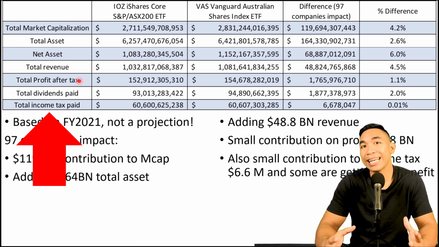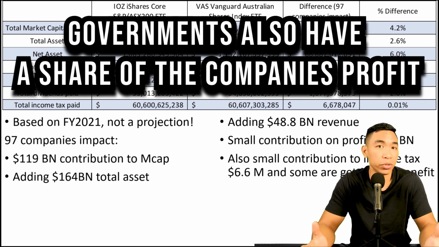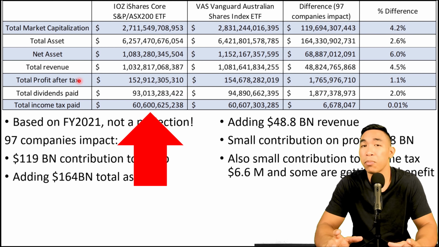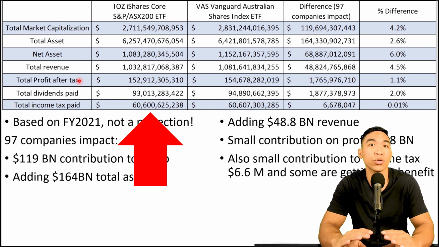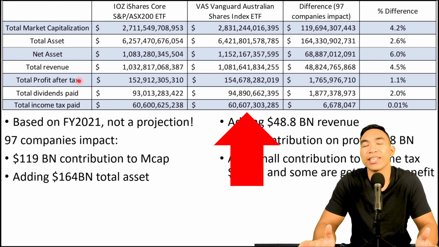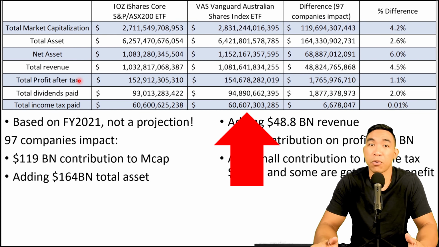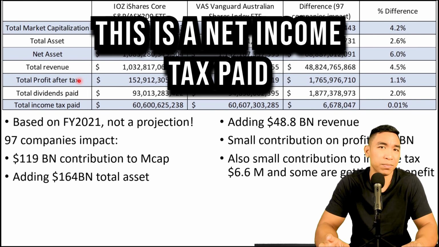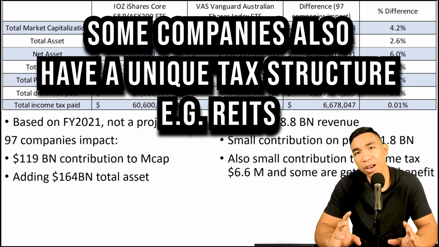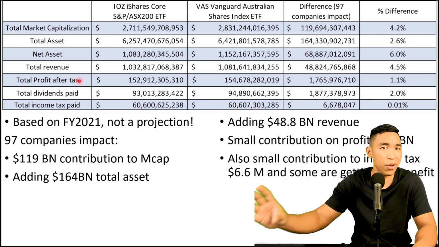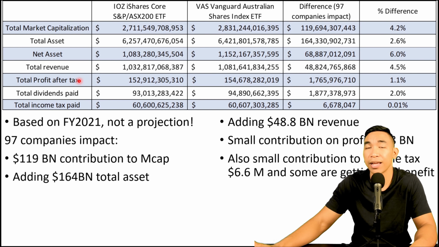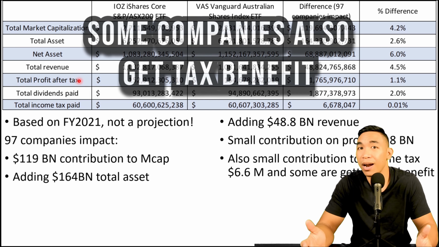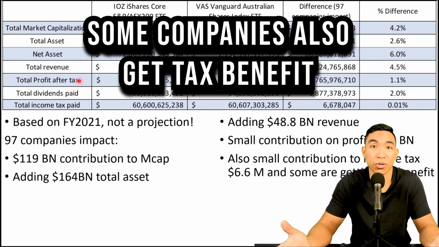And lastly, the income tax that these companies reported for the top ASX200 companies for 2021 is about $60.6 billion, whereas the total income tax reported for ASX300 companies is about $60.607 billion. The difference is very minimal, just $6.6 million, which means a lot of the 97 companies not included in the ASX200 ETF, but included in the ASX300, for example Vanguard VAS, some of them are not profitable, or they may receive some sort of tax benefit.